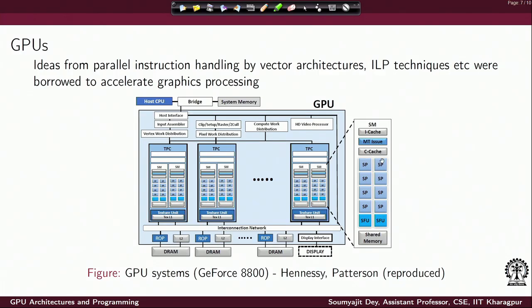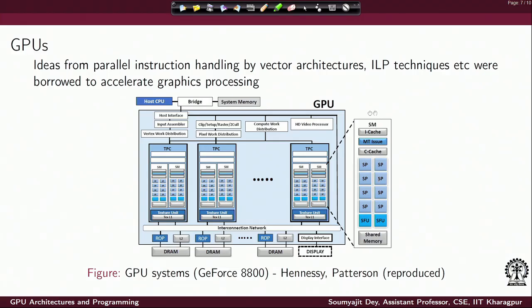Now, coming to the internal content of each of the streaming multiprocessors. You have the iCache for instruction fetching, and then you have this multi-threaded issue unit, which is going to issue instructions in parallel to each of these scalar processors or streaming processors.